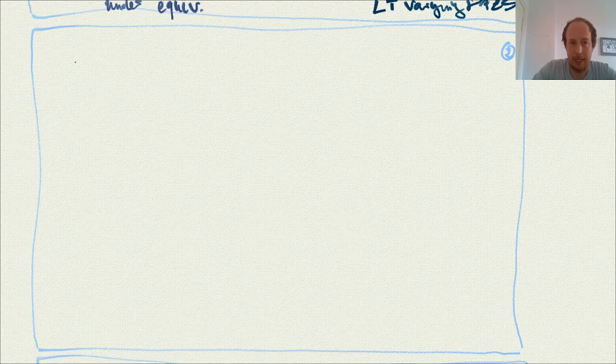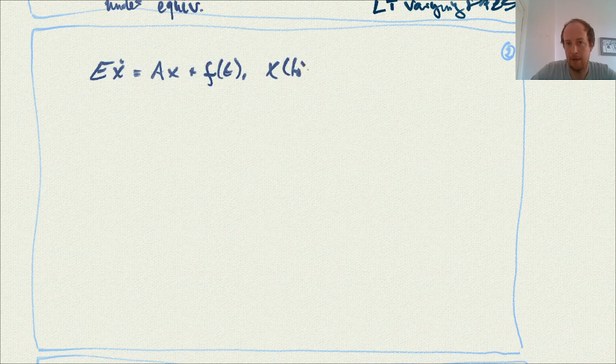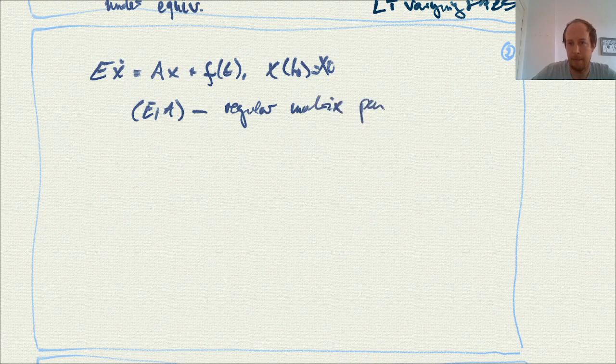We were looking at DAEs of this type: E x dot equals A x plus f of t, x of t0 is x0, and we were assuming that (E, A) is a regular matrix pair.